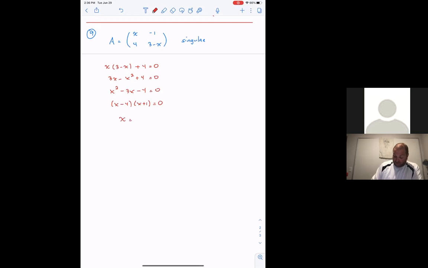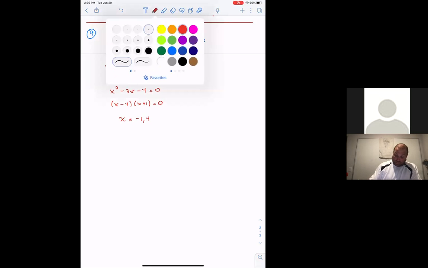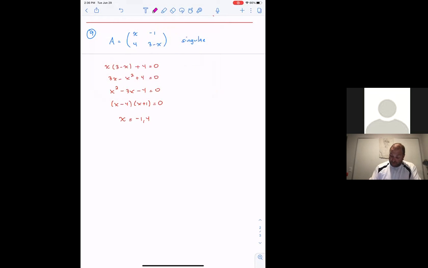So my solutions are negative 1 and 4. And those are the two values of x that make A singular. This one was a 5-mark question. And that takes us to the end of question number 9.